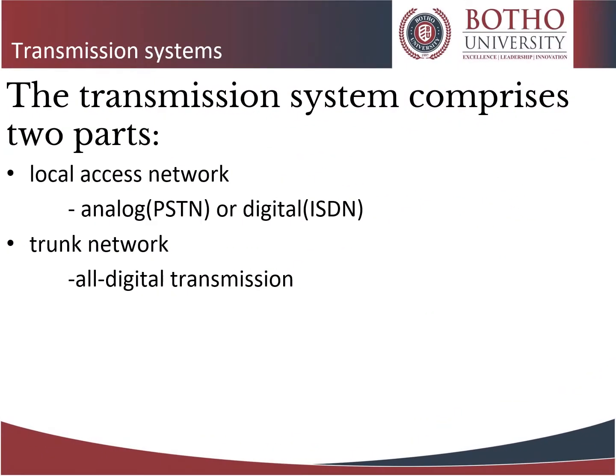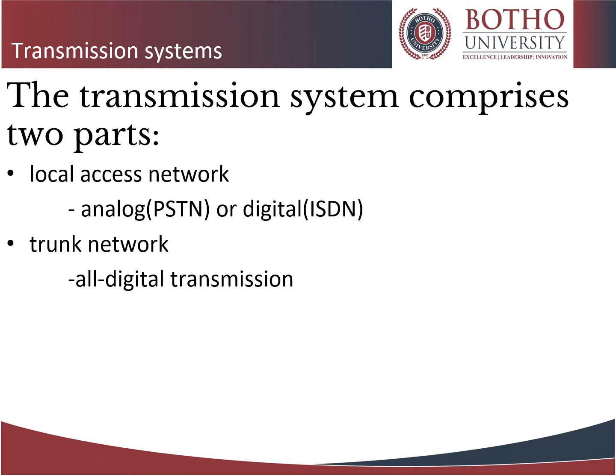The transmission system comprises two parts: that used in the local access network, analog or digital, and that used in the trunk network. The type of transmission used in the local access network can be either analog or digital.